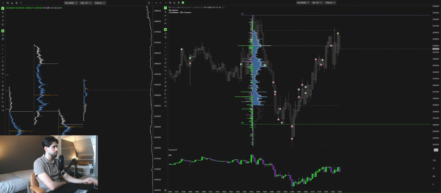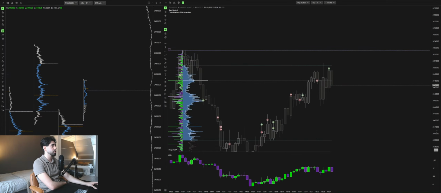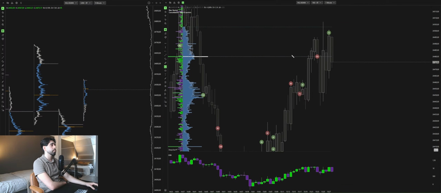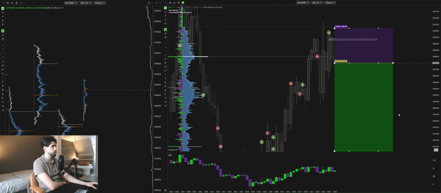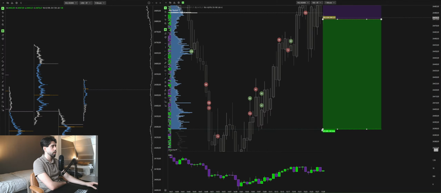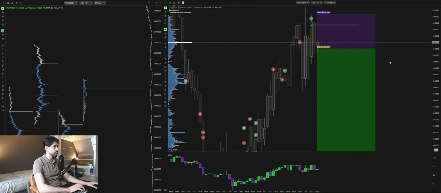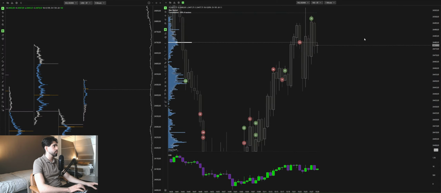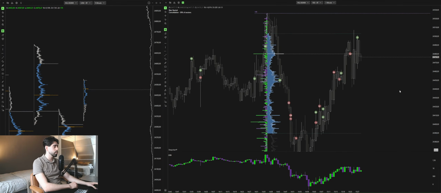If you have too many things to look at, for example, say the buyers here get absorbed and you want to take a sell, but then you see an imbalance up here. You're like, no, I'm gonna wait for the imbalance fill, and then when it fills, I'm gonna go. But then the trade goes like this, bam. It's not guaranteed that we'll fill every imbalance, but it's a good thing to use if you want to use it, of course.